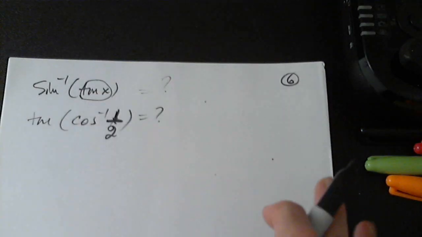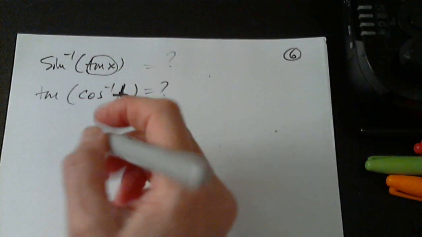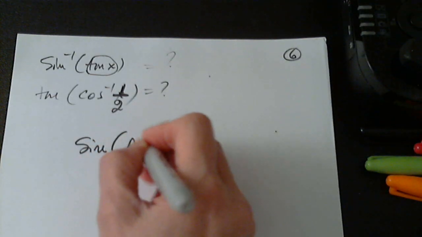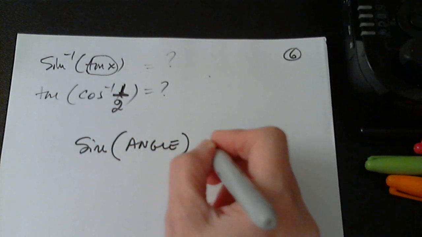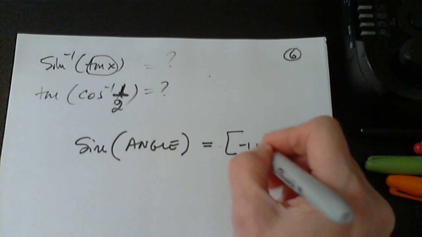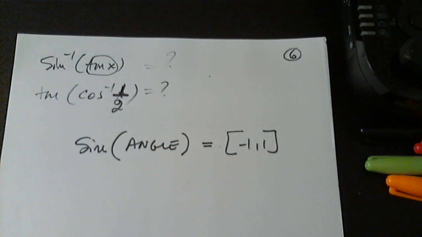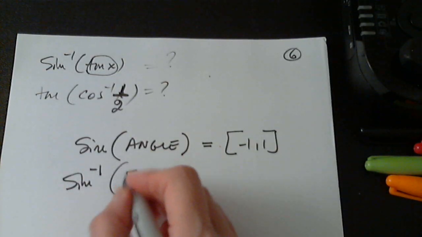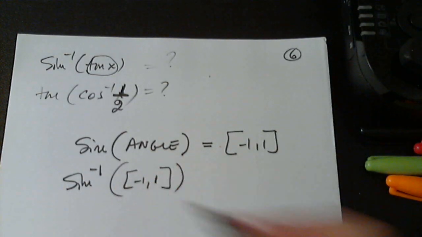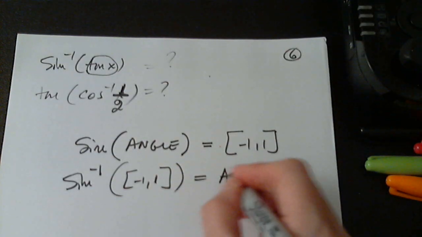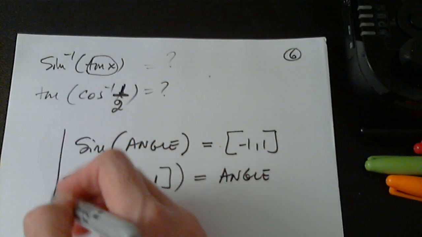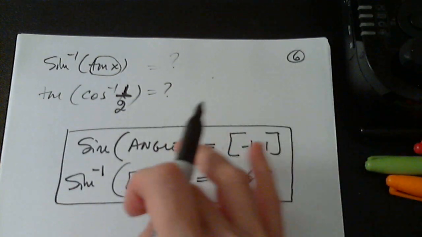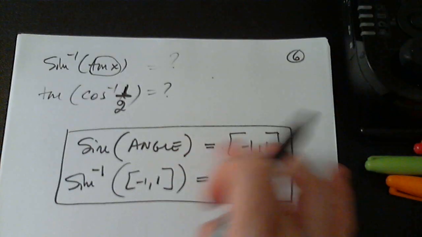So let me just refresh your memory on something before we go back to it. Sine is applied to an angle, and the result is a number between -1 and 1. Sine inverse is applied to a number between -1 and 1, and the answer is an angle. And this happens to all trig functions, but of course, only sine and cosine have this -1 to 1.